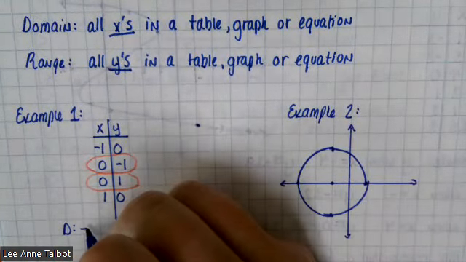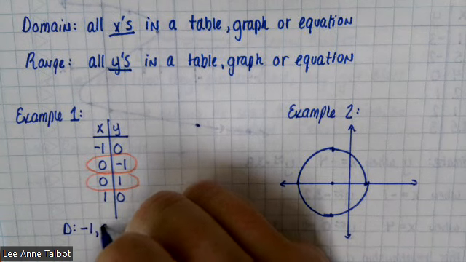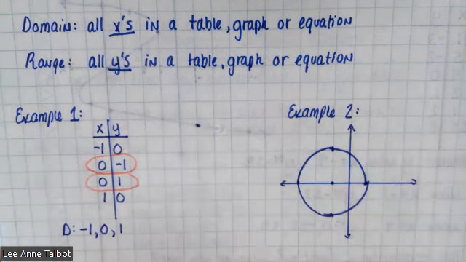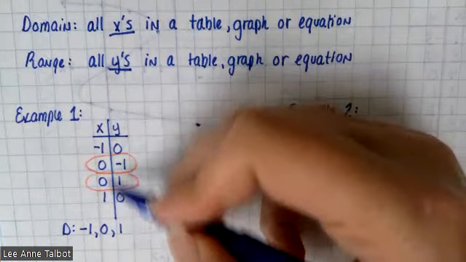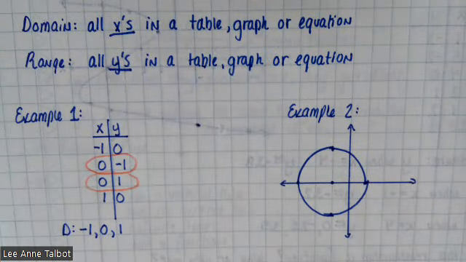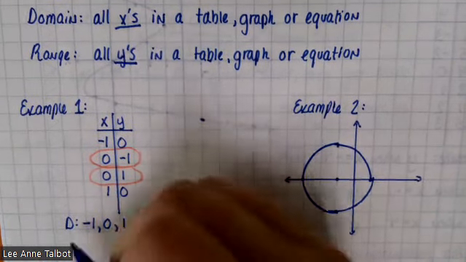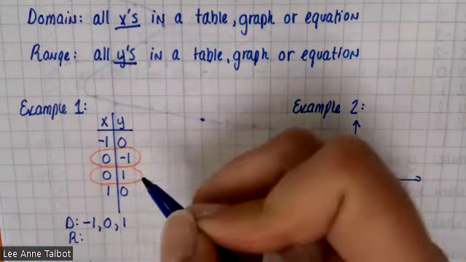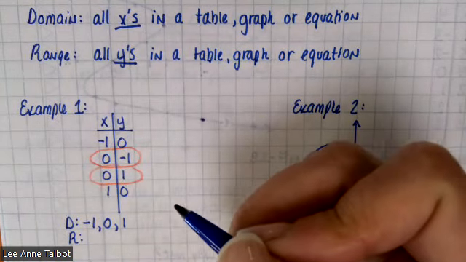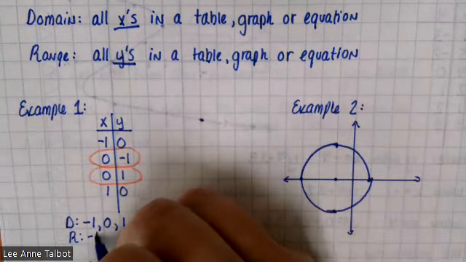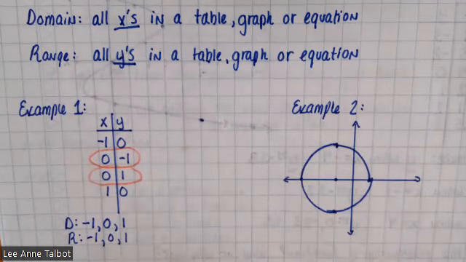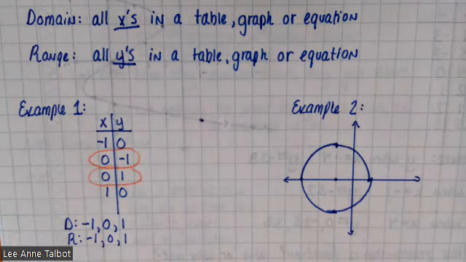So the x's are -1, 0, and 1. I know that 0 is listed twice, but we just list it once when we're stating the domain and range. The range is all of the y's, which is the same thing. -1, 0, and 1. Do you notice how I listed them from least to greatest?